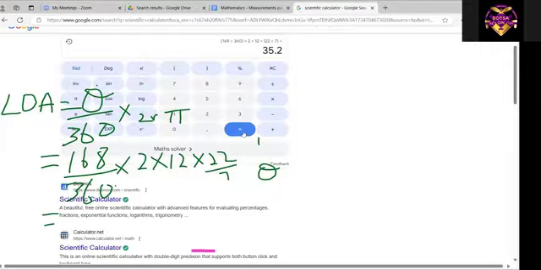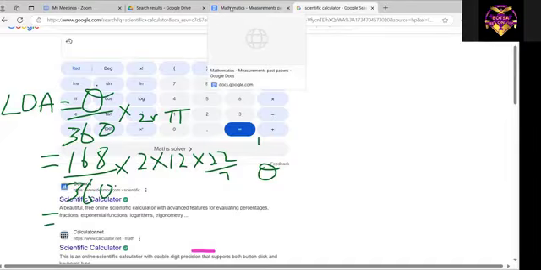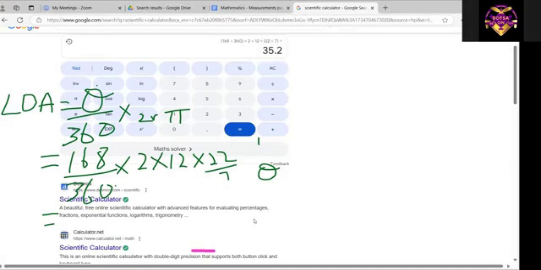Now, if you are using other scientific calculators and you got what I had on the screen before, you might have to put your fractions in brackets to get it correct. Okay, any questions thus far? We're not finished yet, but any questions thus far?